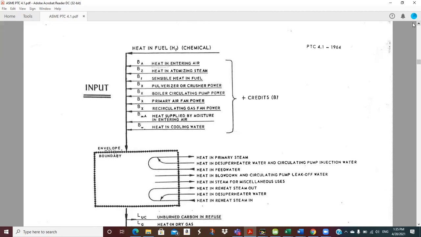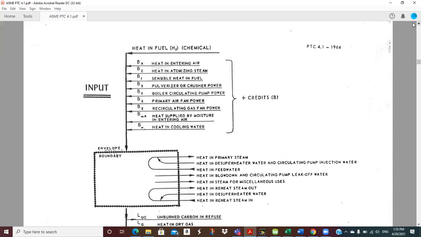If we happen to be atomizing the fuel, we could be on fuel oil and require atomizing steam to break it up into the proper consistency for the burners to combust it. So if we're putting in atomizing steam, that's energy that goes into the control volume.